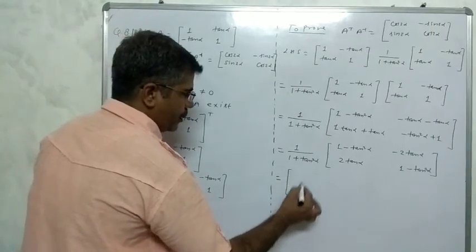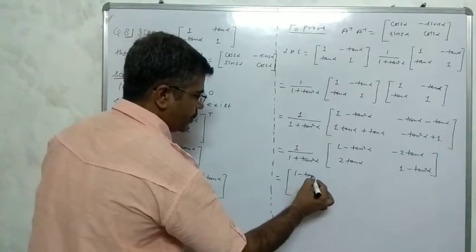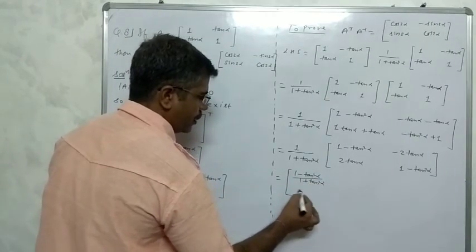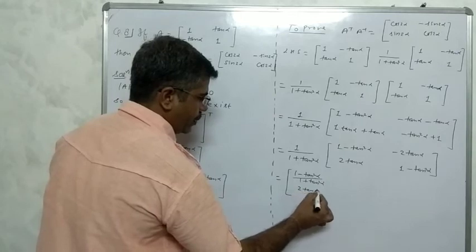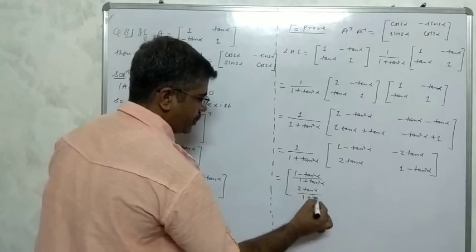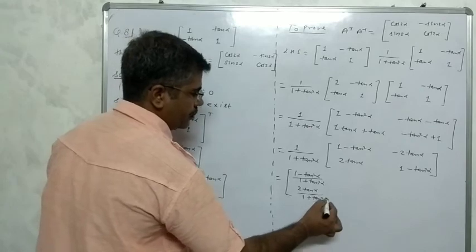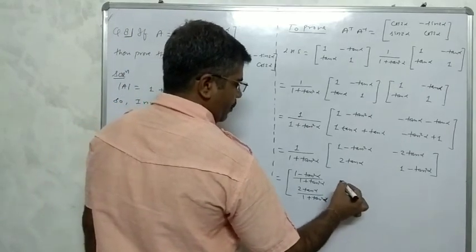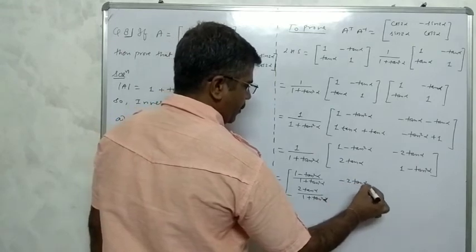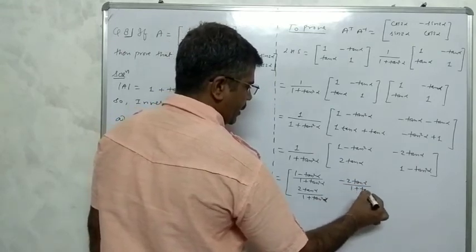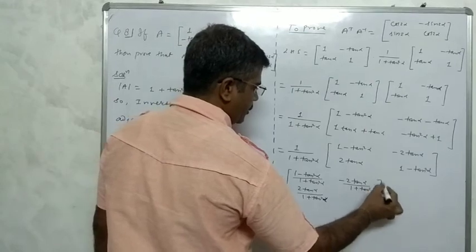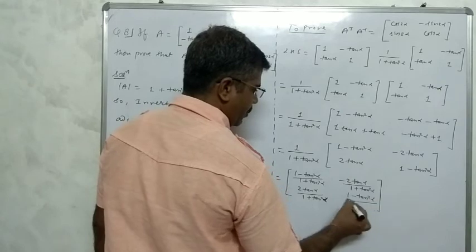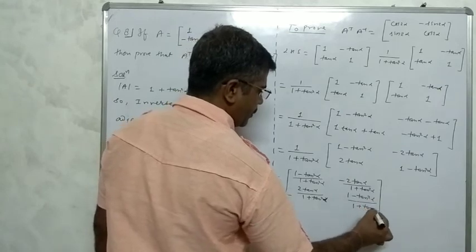We multiply this and we get 1 minus tan square alpha upon 1 plus tan square alpha, 2 tan alpha upon 1 plus tan square alpha; minus 2 tan alpha upon 1 plus tan square alpha, 1 minus tan square alpha upon 1 plus tan square alpha.